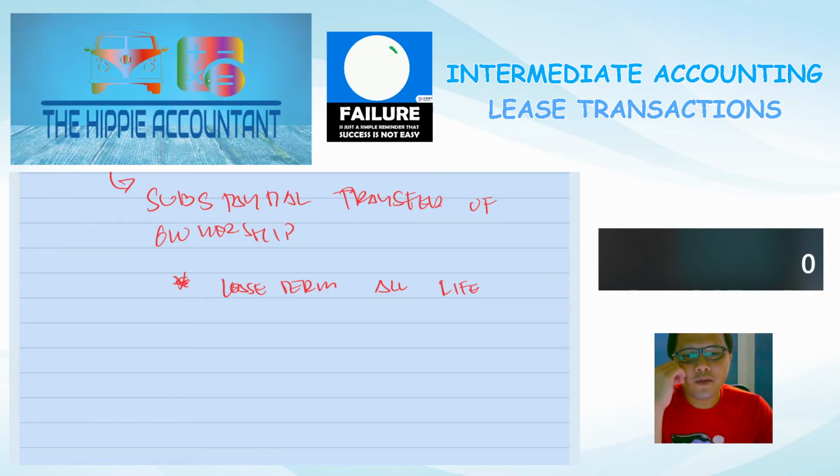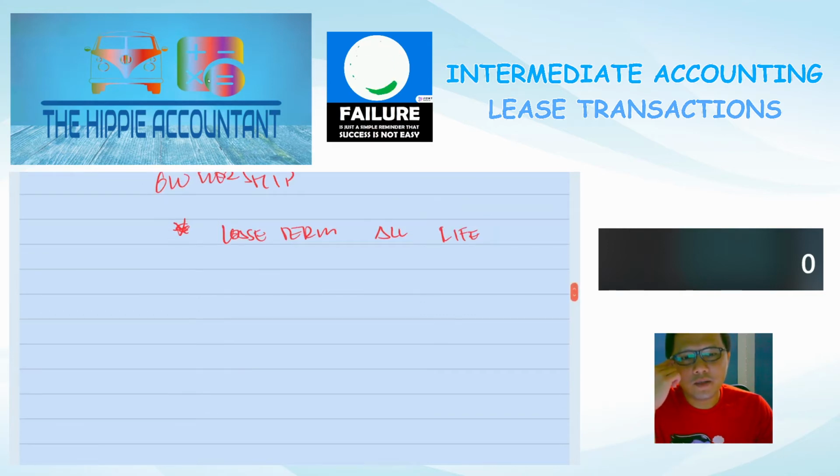So, we will follow, kumbaga, professional judgment lang ito, no? Professional judgment yung ipa-follow talaga natin dito. So, the point is, usually, pag at least 75%, no? At least 75% yung mako-cover ng lease term sa life of the asset, finance lease na yan siya. Okay? Finance lease.